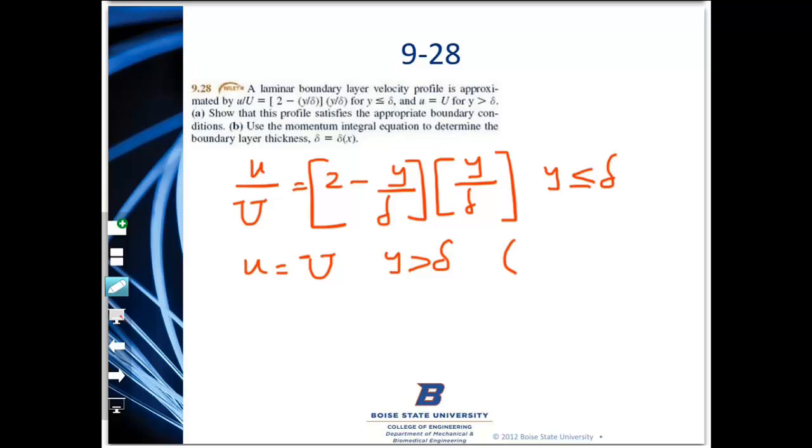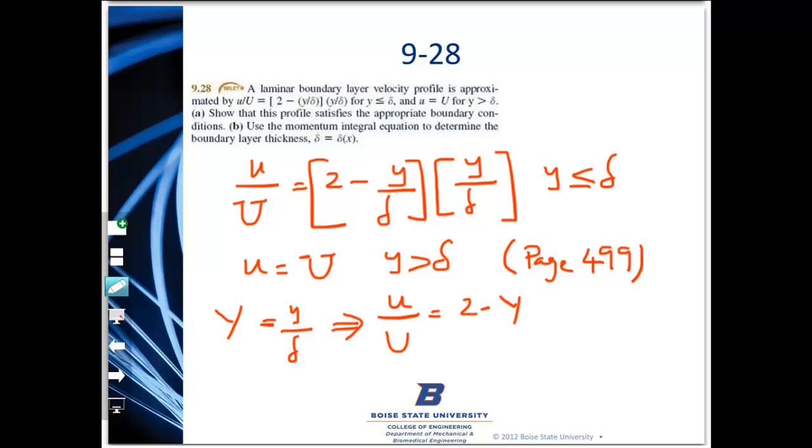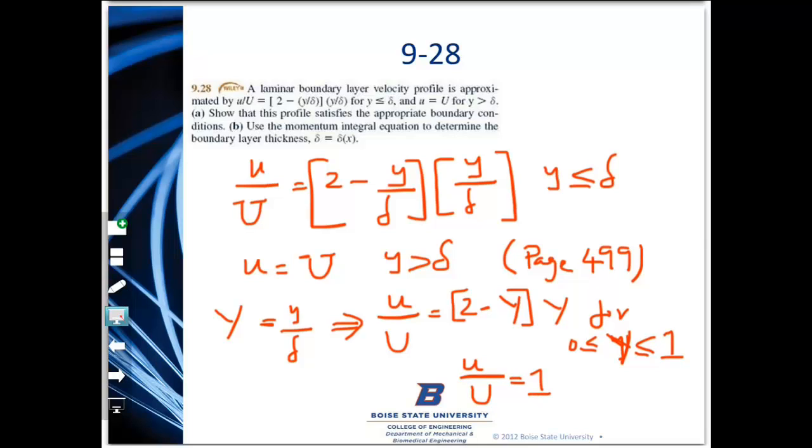So if you go back to page 499 in your book, let's define capital Y as y over delta, which implies u over U will now be, in this new variable, 2 minus Y times Y for Y lying between 0 and 1, and u over U is equal to 1 for the second part of this boundary layer velocity profile.